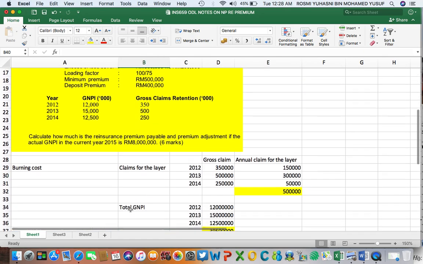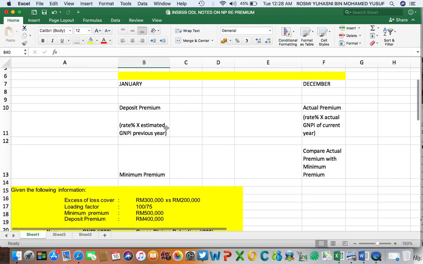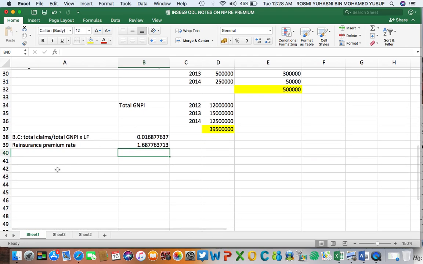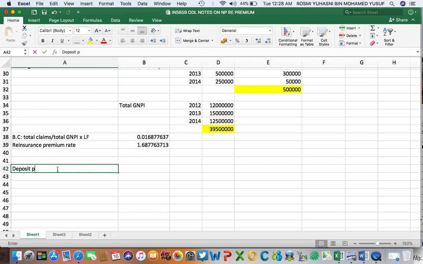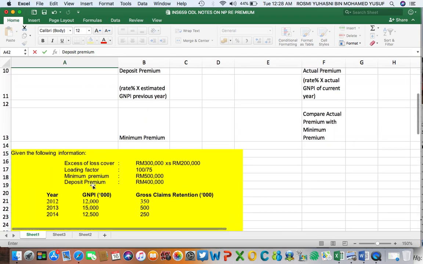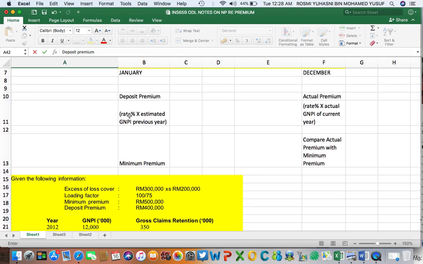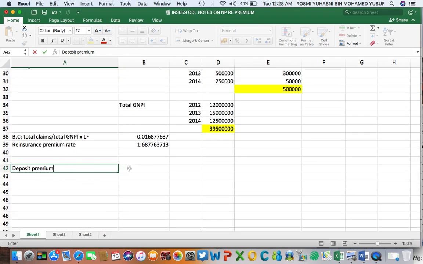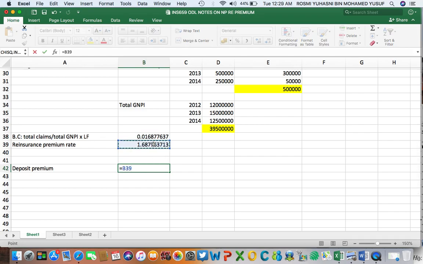So let's calculate how much is the deposit premium. Remember, the formula for deposit premium is the rate times estimated GNPI from the previous year. So the rate is 1.7%.